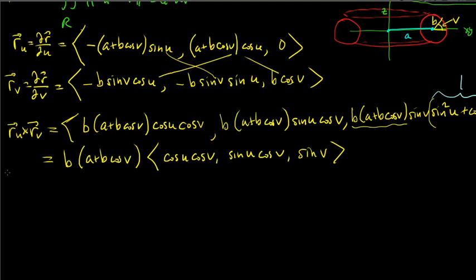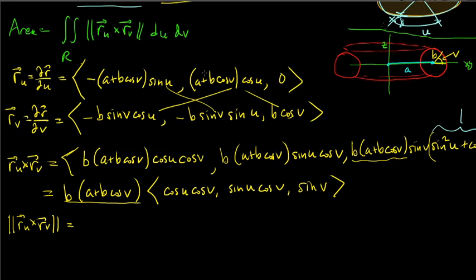Now we need the magnitude. Right, which is just going to be, yeah, the square root of all this squared, right? So let's see, do we get this squared? No, because the r squared came from r times r here.